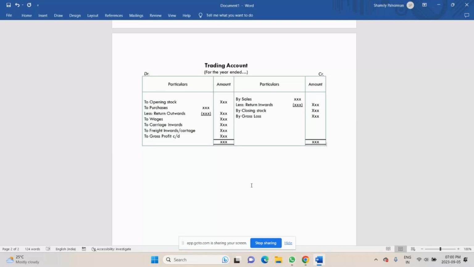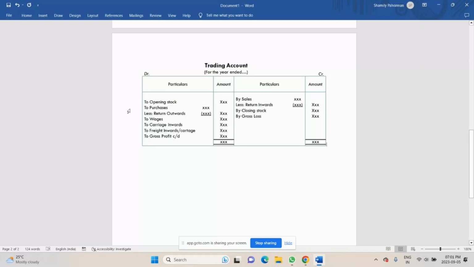We will bring in how much purchase we made and from the purchase we deduct the returns. First we have to take the overall purchase, and in the purchase I made, how many damaged goods I have returned, I have deducted.